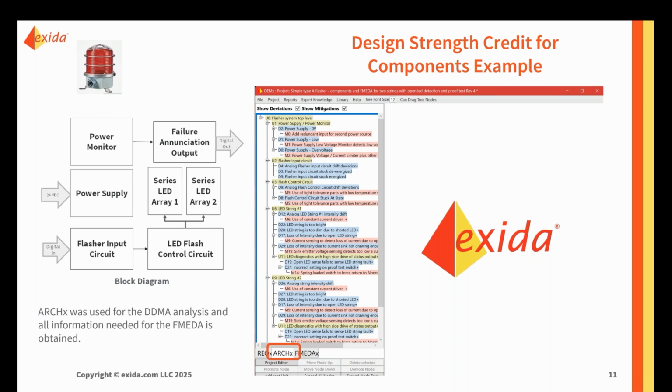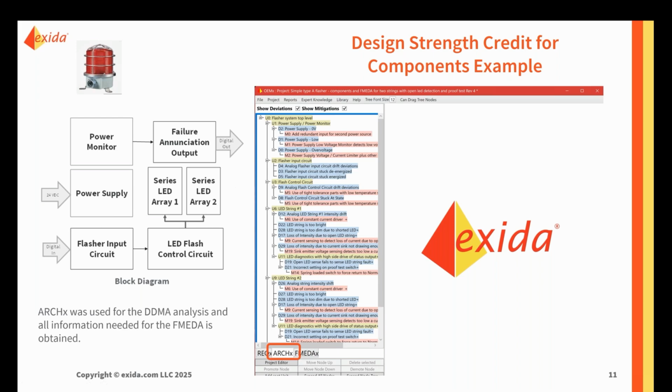And what you will see is the functional units are entered into ArcX software. And we gather up, and the machine knowledge base identifies the valid failure modes. We call them deviations. And if there are mitigations, we enter those because that's the information you need to do a good FMEDA.